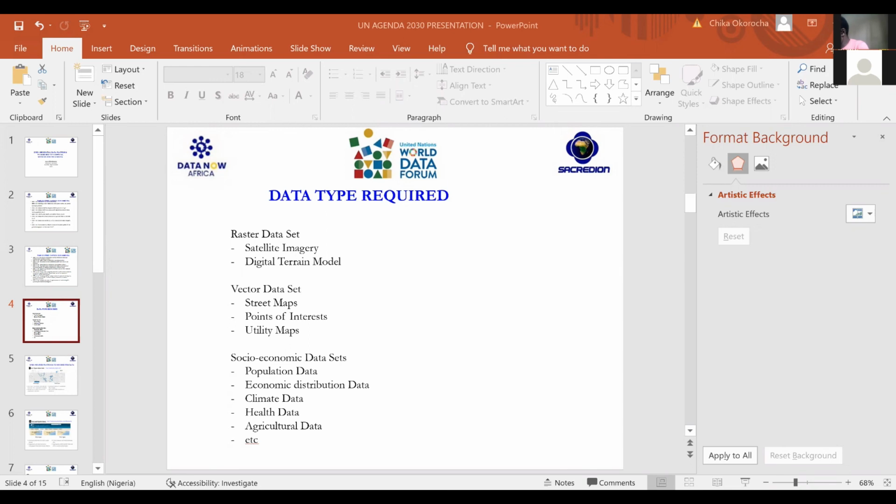In our little corner, we are participating in this event to build a pathway for sustainable data for development. Different people are doing different things, but there's no united coordination. And that's what Data Now Africa is set to achieve.